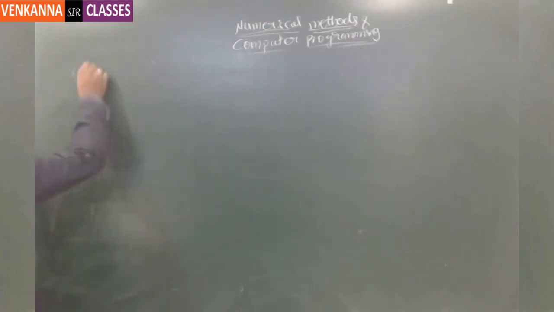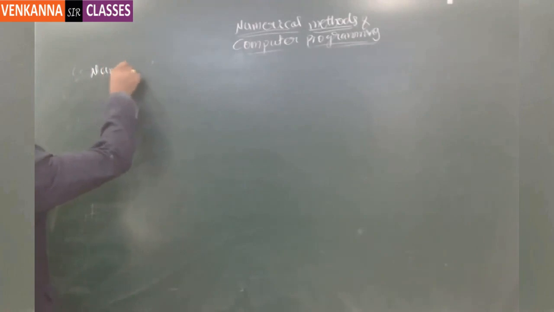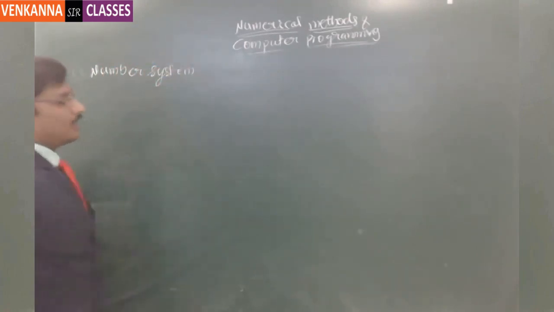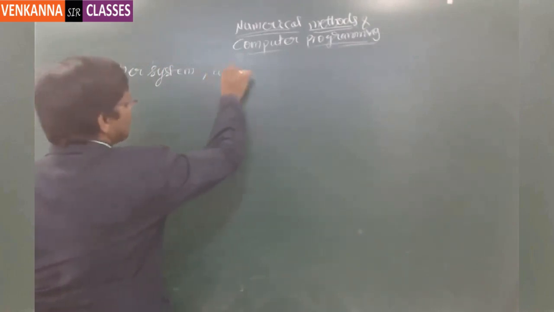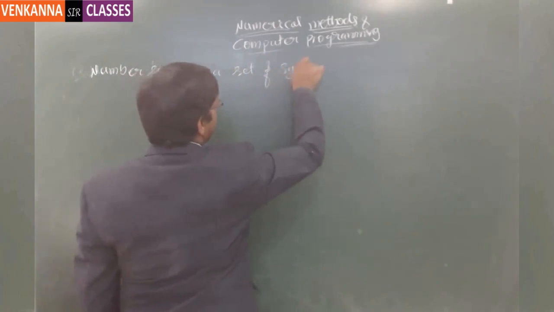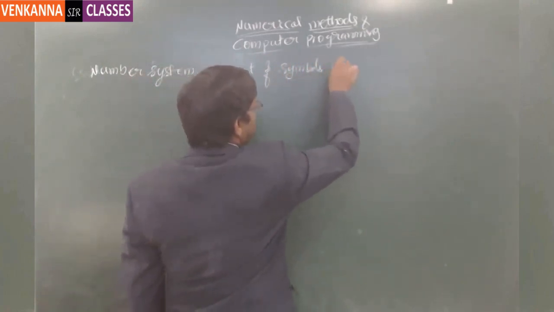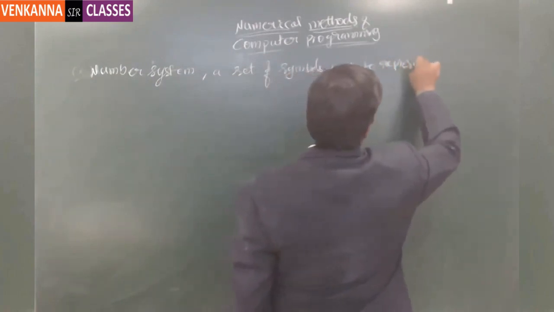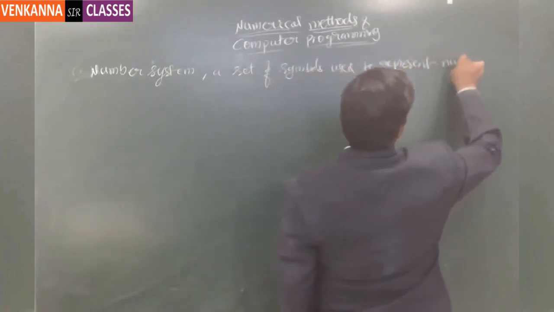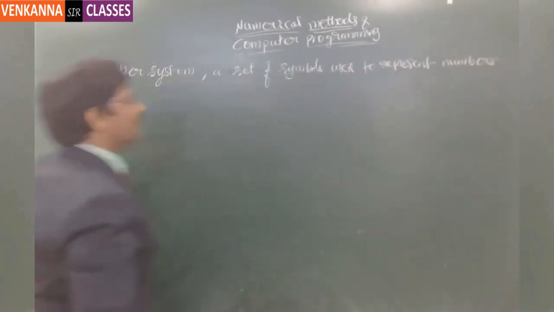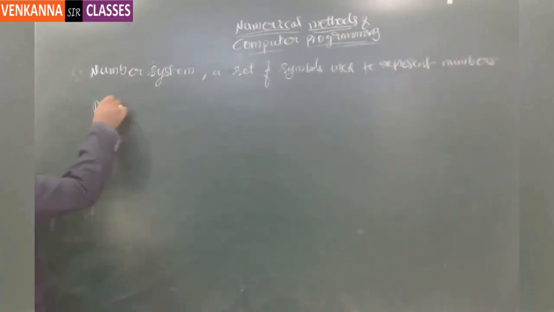So a number system is nothing but a set of symbols used to represent numbers. Our familiar number system is the decimal number system.